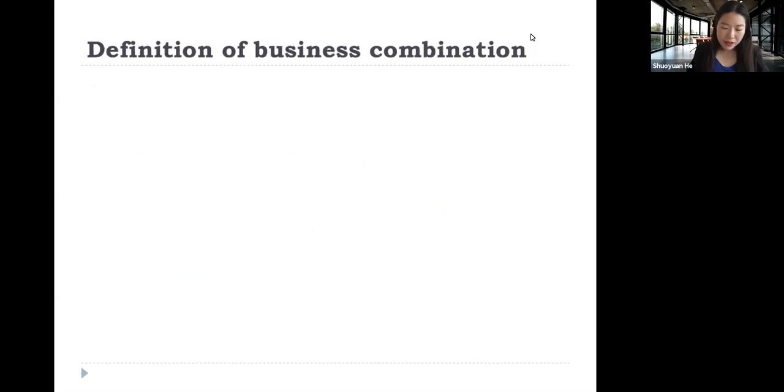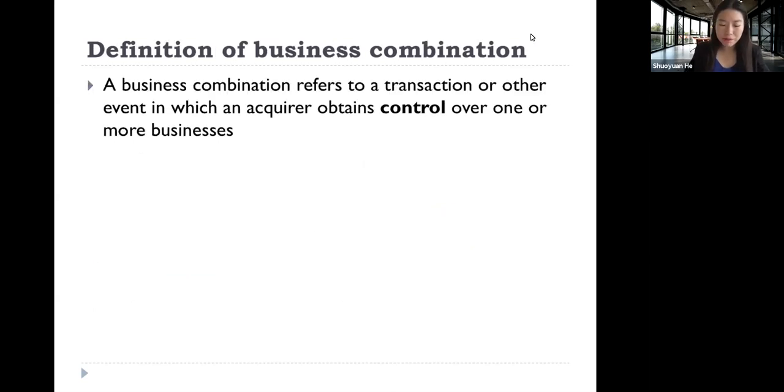And to give it a more specific definition, what is business combination? Business combination refers to a transaction or other event in which an acquirer obtains control over one or more businesses. So the keyword here is control. And what is control?